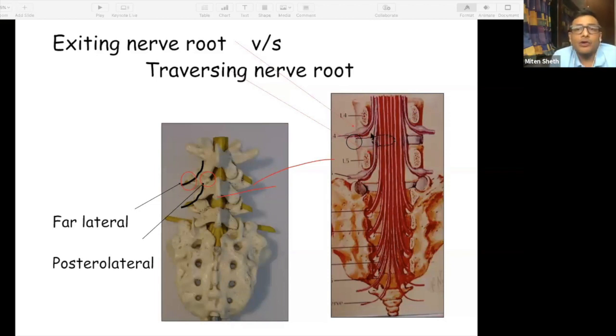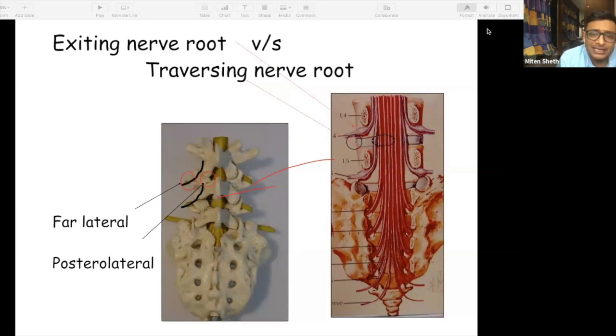it is going to press your L5 nerve root. But when you have a foraminal or extra foraminal disc, it will press your L4 nerve root. So if a patient has a large posterolateral disc at L4-5, the patient will get L5 nerve root compression and present with L5 root pain and EHL weakness.